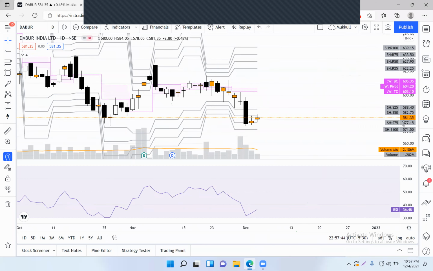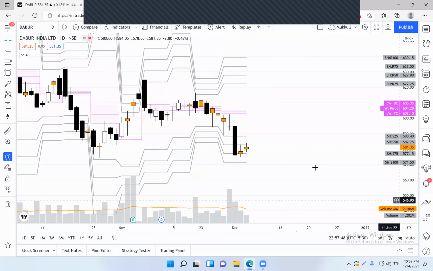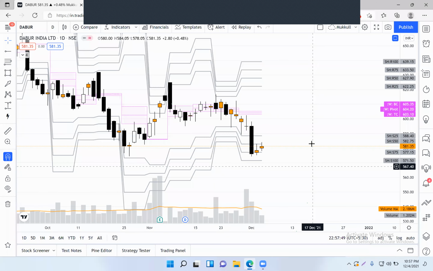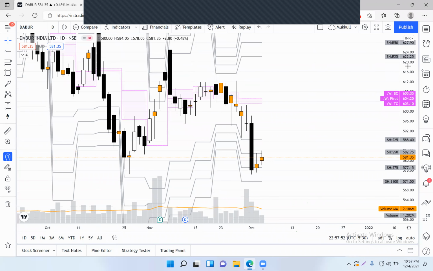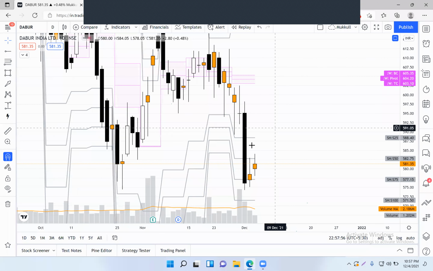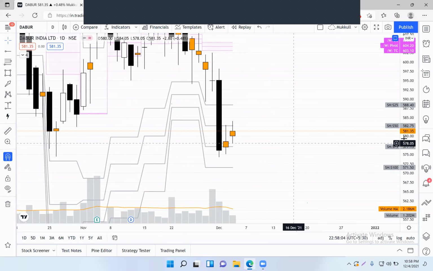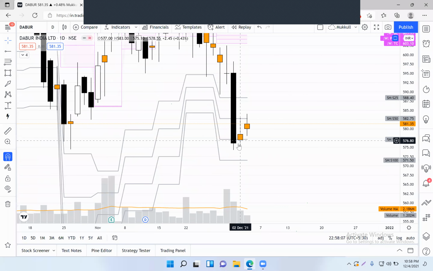So technically on the basis of the first setup, see, at least 3 descending CPRs. So one overlapping third. So mostly the current week's CPR will come around this particular thing. So you have 1, 2, 3. But you see early indication is being given here.